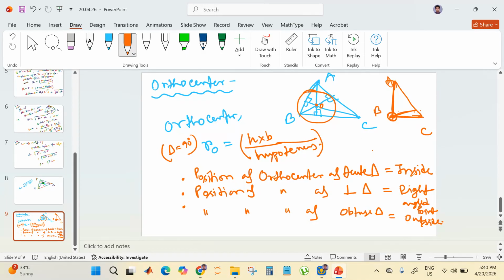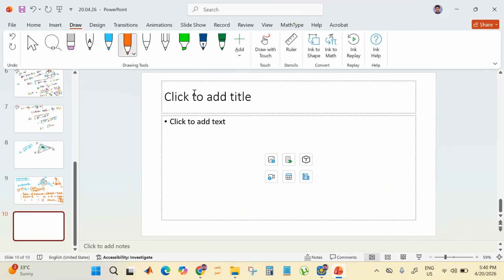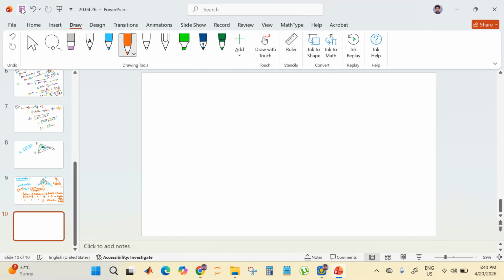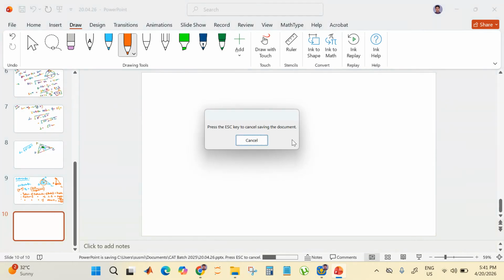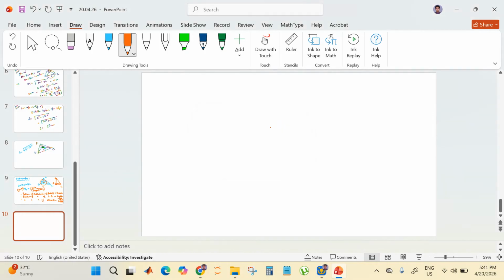That means if I draw an obtuse angle triangle, where one angle is more than 90 degrees, suppose this angle is more than 90 degrees, and I am intentionally drawing a triangle where angle B is more than 90 degrees. Okay, so it is an obtuse angle triangle.